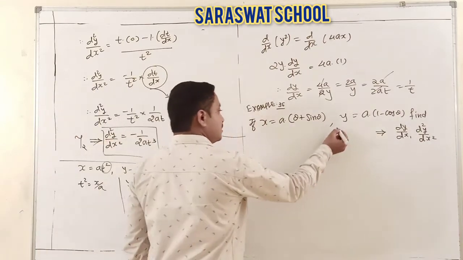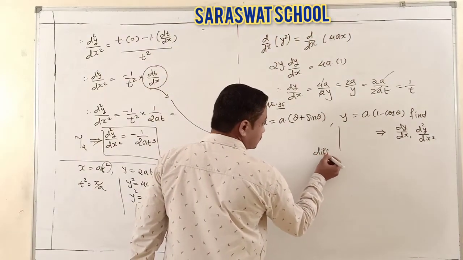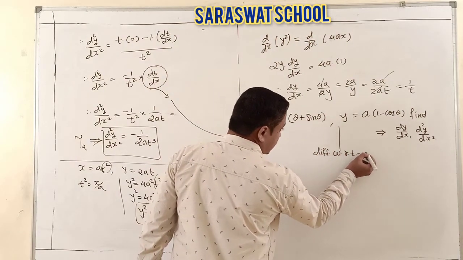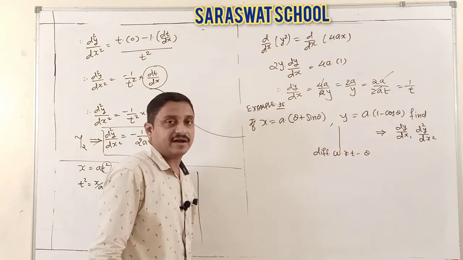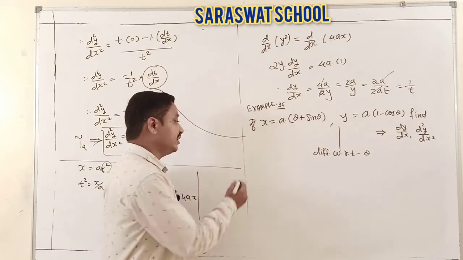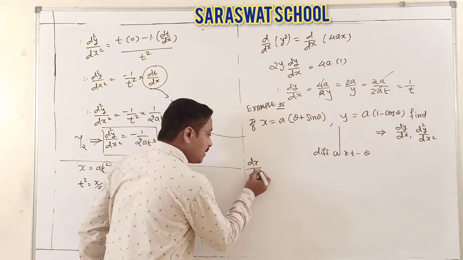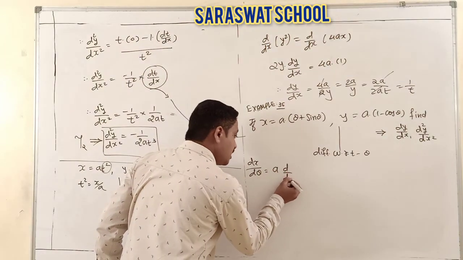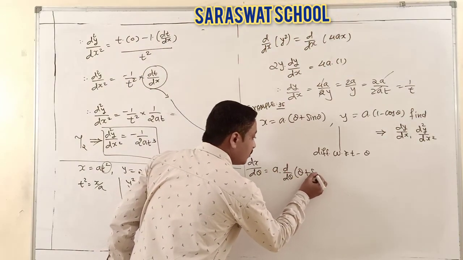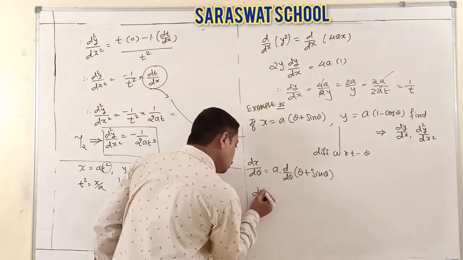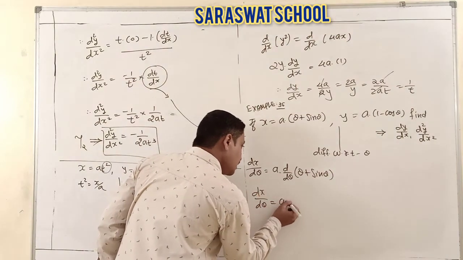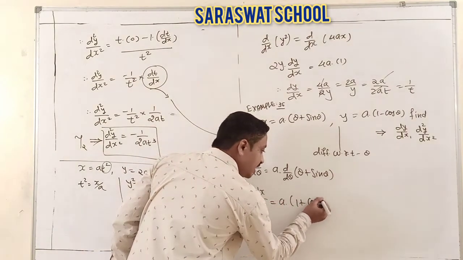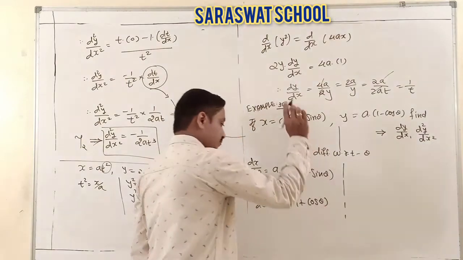So students, start differentiation with respect to theta, because theta is your parameter here. dx by d theta, d by d theta of my function. So what is the answer? The answer is a(1 plus cos theta). The derivative of sin is cos. First case done.